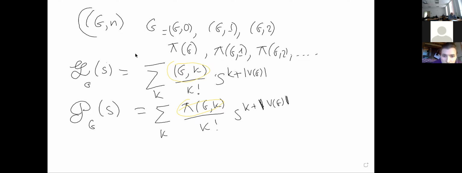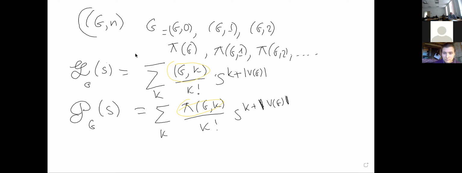If we have some sequence A0, A1, A2, and so on, then we can construct an exponential generating function for this sequence, which looks like A0 plus A1 times S plus A2 times S squared over 2 factorial plus A3 times S cubed over 3 factorial and so on.